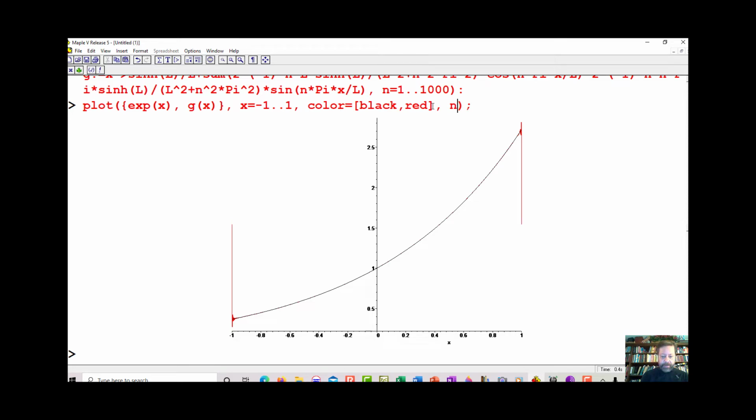We'll probably have to do 1,000 terms in the sum at least, but there it is. We're getting a pretty good representation. Let's change this back down to 1,000 and this back down to 100. And let's see what happens if we go from -2 to 2.